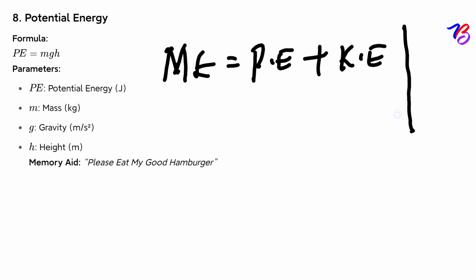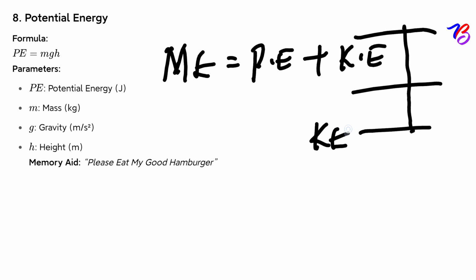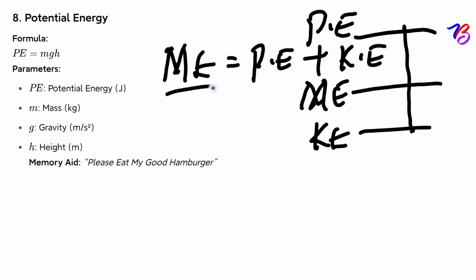So at this level, kinetic energy is active, mechanical energy is active, potential energy is active. Take note of this. So mechanical energy is equal to potential energy plus kinetic energy. Please eat my good hamburger.